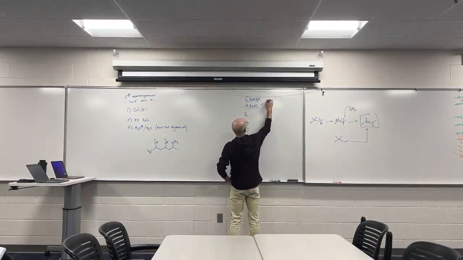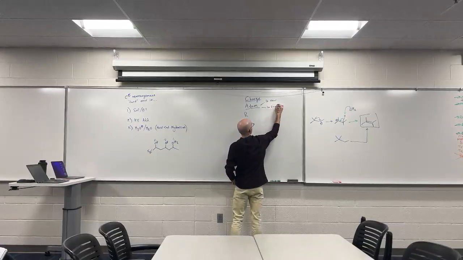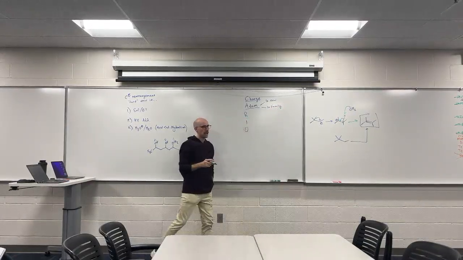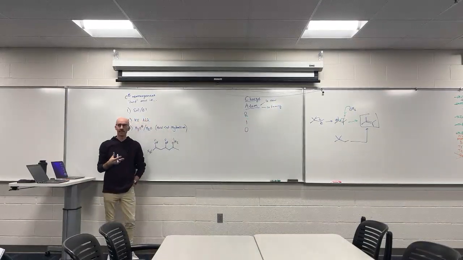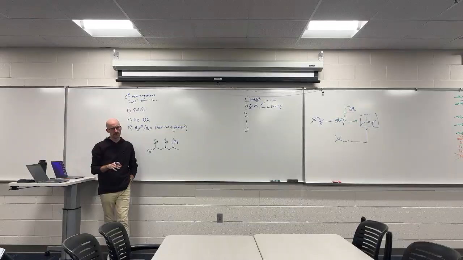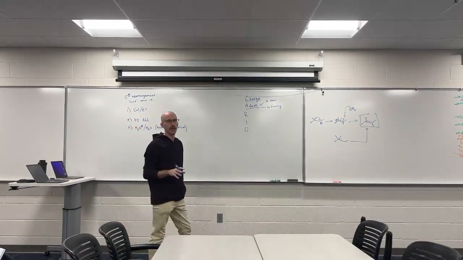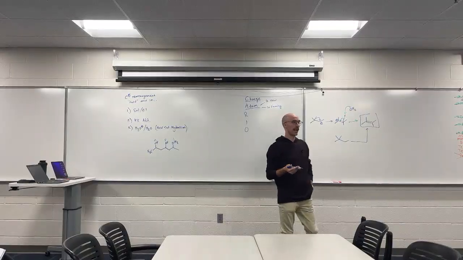So in the row and in a family, the larger the atom in the family, the more acidic. Who's more acidic, sulfur or oxygen? Sulfur is larger, more acidic. Who's more acidic, oxygen or nitrogen?